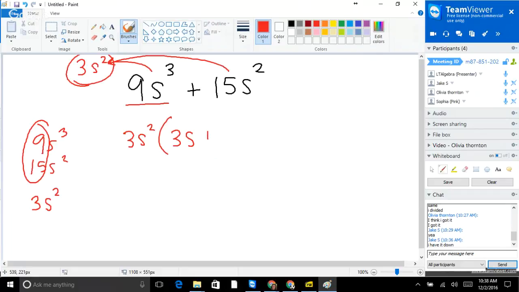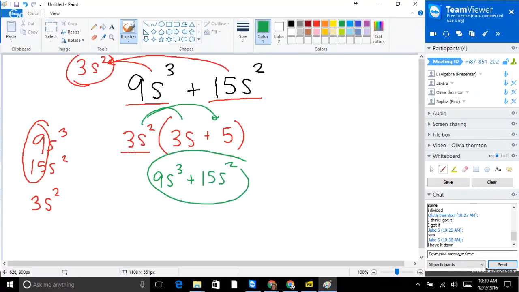And then if I pull 3s squared out of 15s squared, I'm just left over with 5. And if you're ever not sure that you did that right, you can redistribute and check. 3s squared times 3s is 9s cubed. 3s squared times 5 is 15s squared. We're like playing magic on our expressions and changing them around, right?